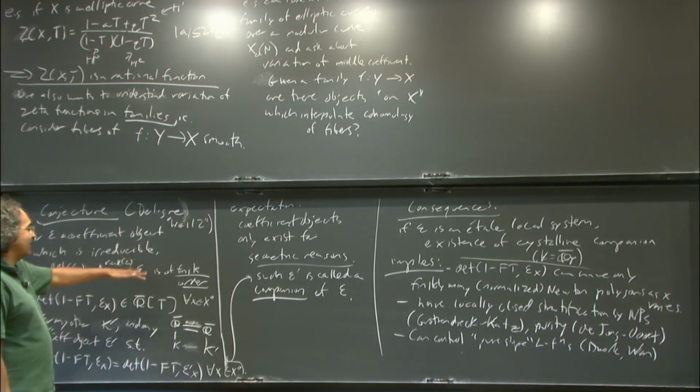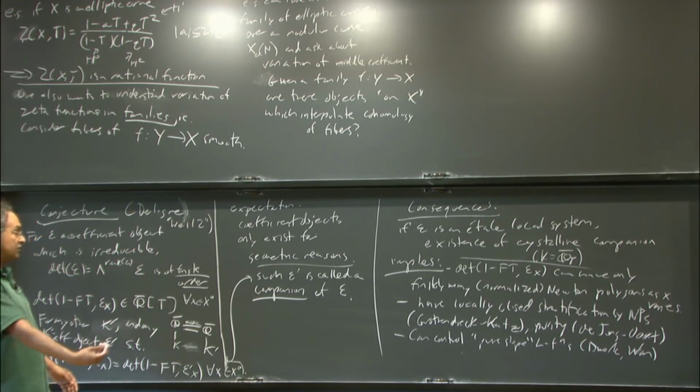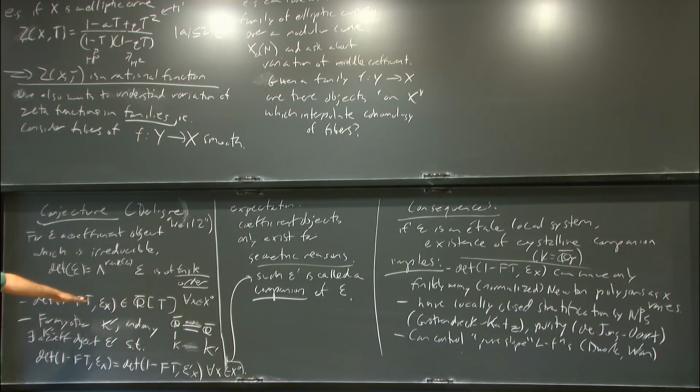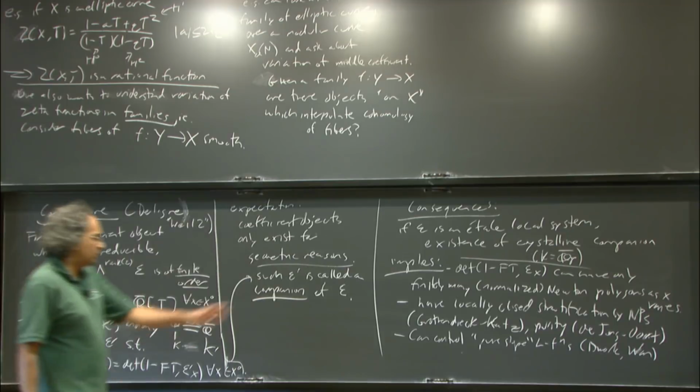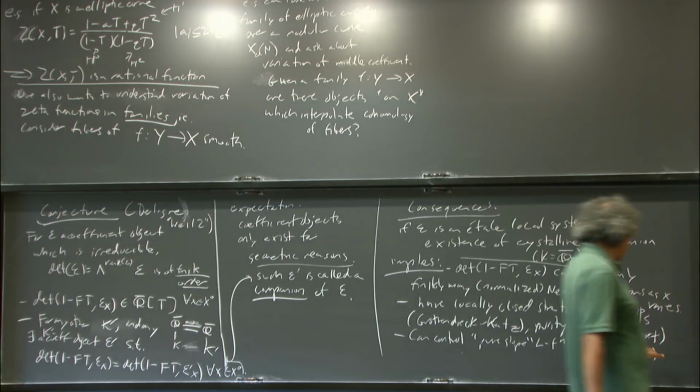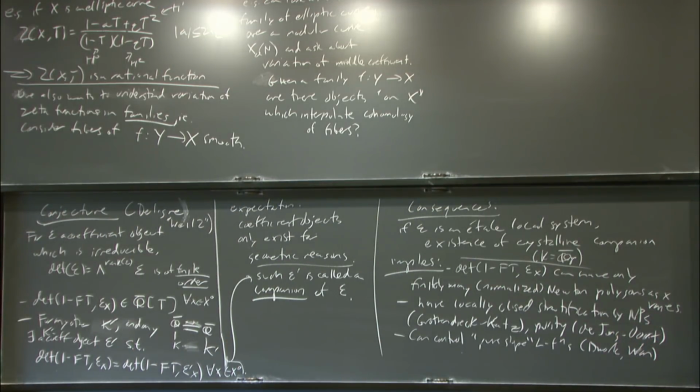If you take an Etale local system, you fix a p-adic absolute value on Q bar, and for each factor of the L function, you pick out the contribution coming from roots with a particular p-adic absolute value. That's no longer going to be a rational function, but Dwork conjectured that it's a p-adic meromorphic function. It's a ratio of two entire p-adic power series. And that was proved by Daqing Wan around the year 2000.